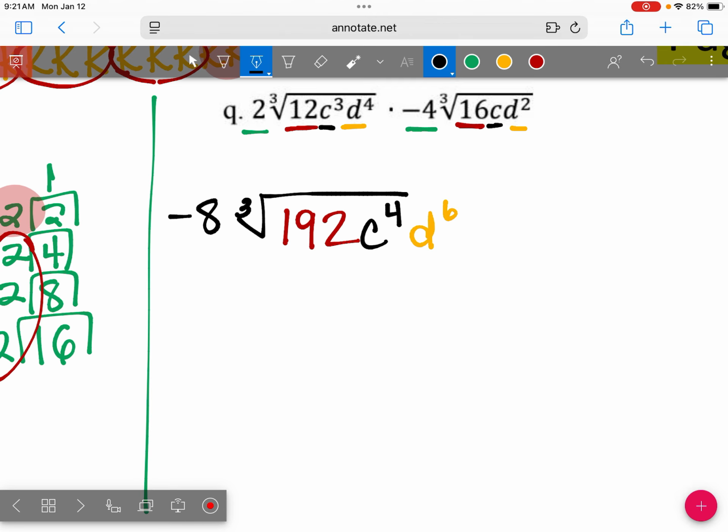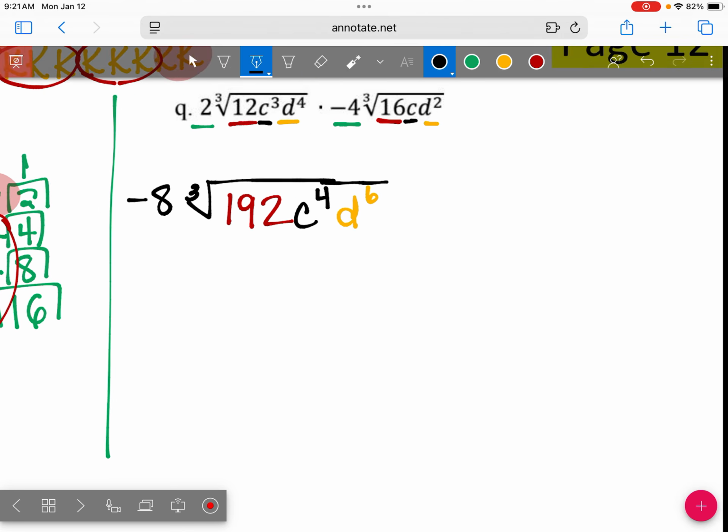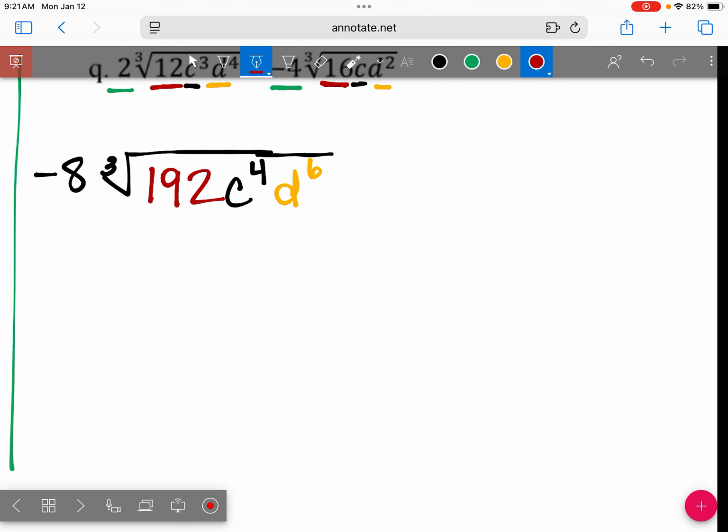So we got a tall cake, y'all. Let's go ahead and build our cake with that 192. Divide it in half.